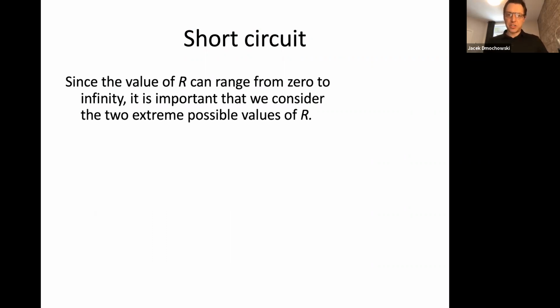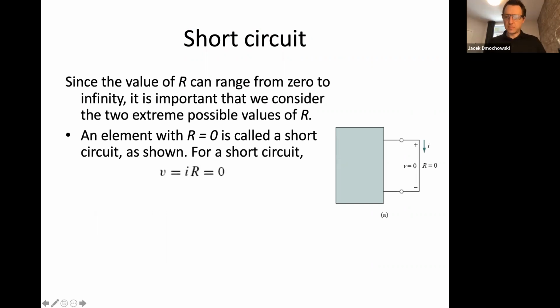A short circuit is just another way of saying that the resistance is 0. Any element that has a resistance of 0 is called a short circuit. What that really means is that no matter what the current is, the voltage drop is always 0, right? We assume that wires, that conductors, are a short circuit. It's not actually true.